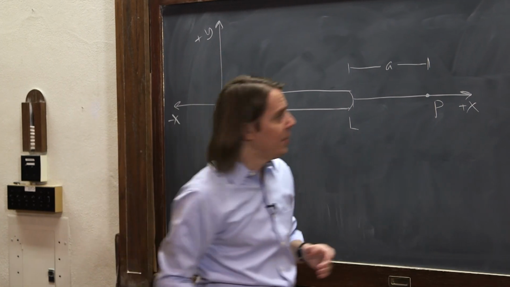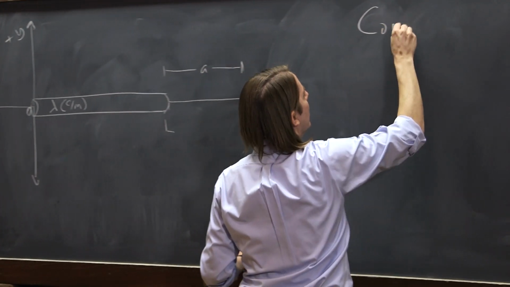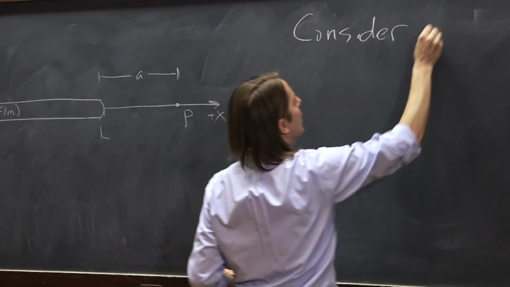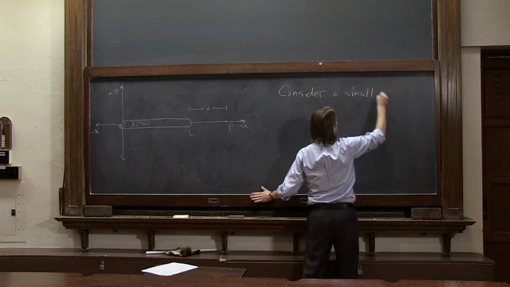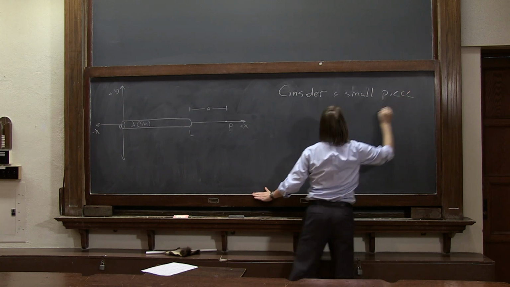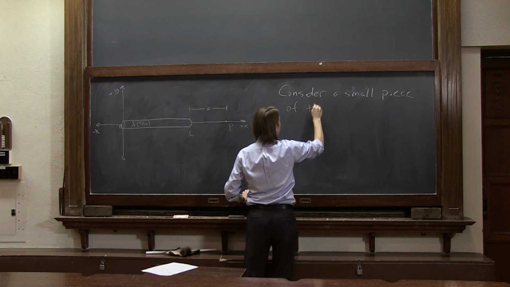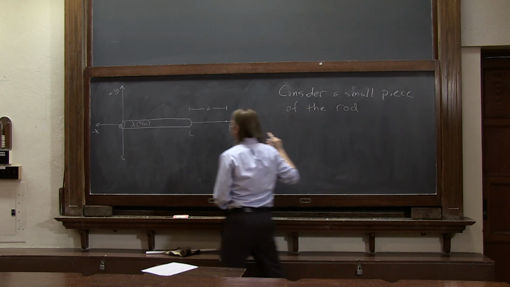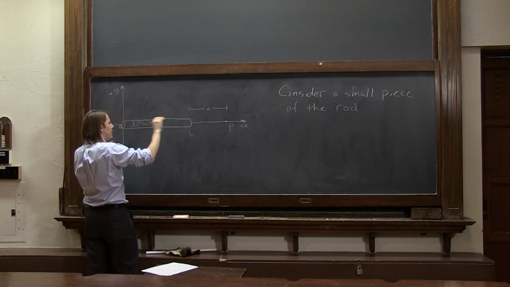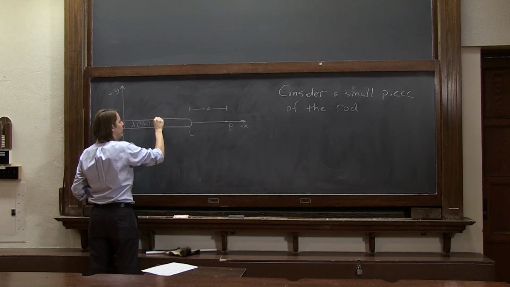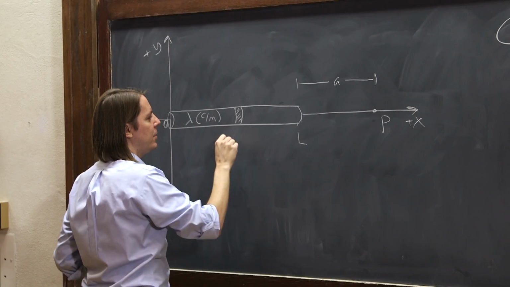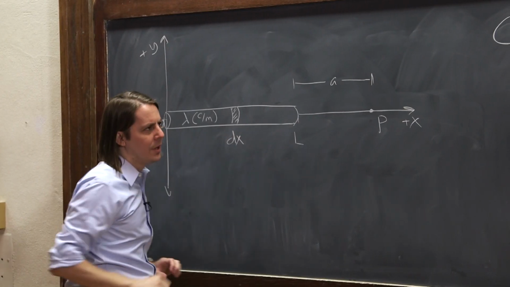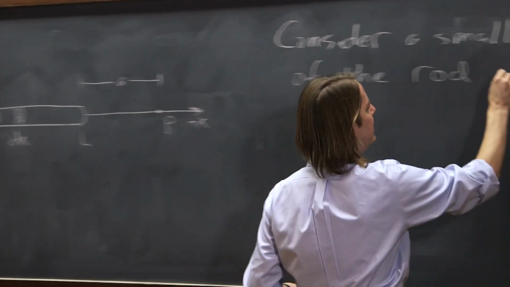So let's do this. Let's consider a small piece of the rod. Instead of thinking of the whole rod at once, let's just grab a little chunk like this. We can call it dx, a small piece of the rod dx.